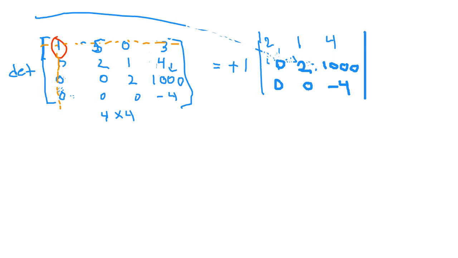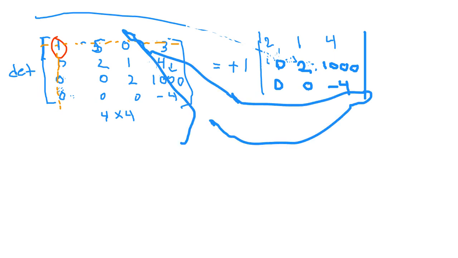Now we got this new determinant of a 3x3. What column do you want to expand down? This crazy pen, I don't know what's going on with it. Hold on, something is stuck.